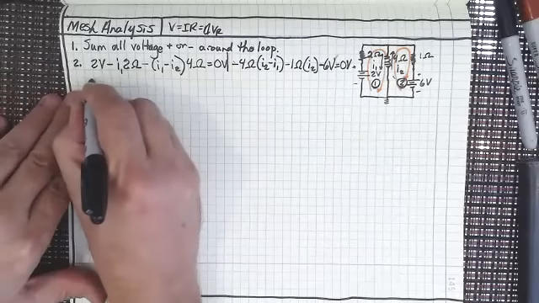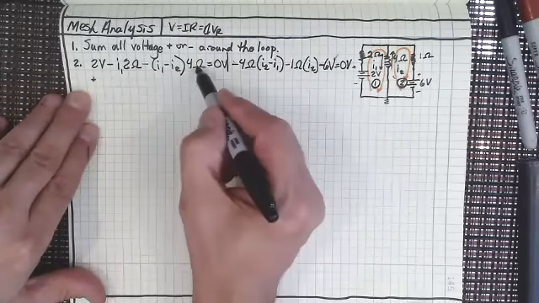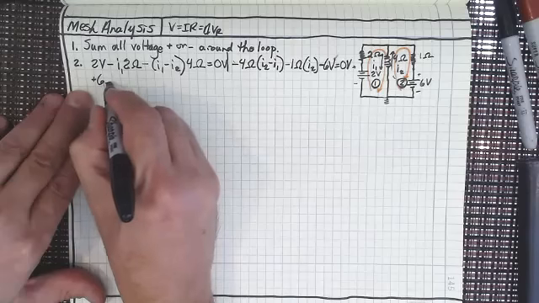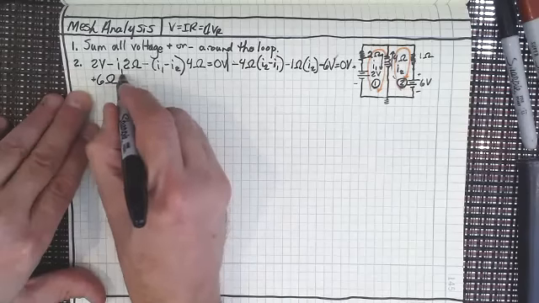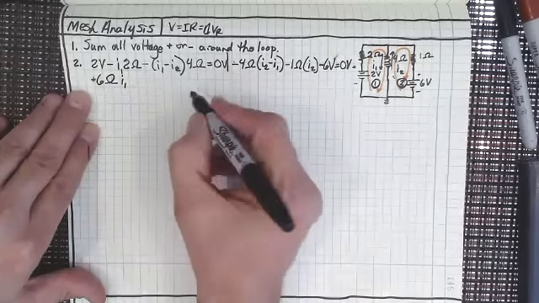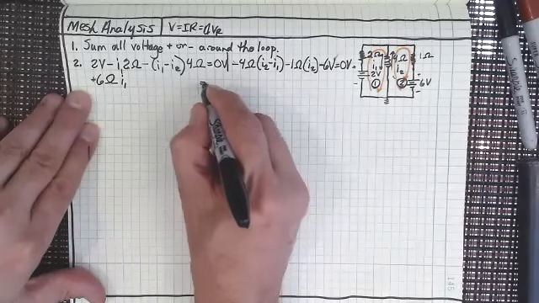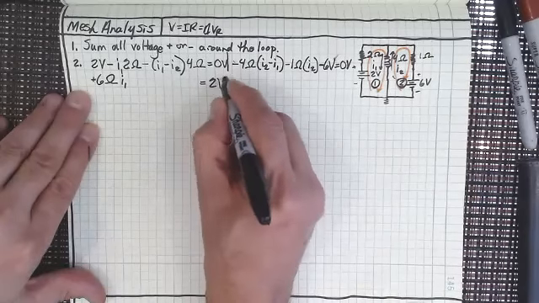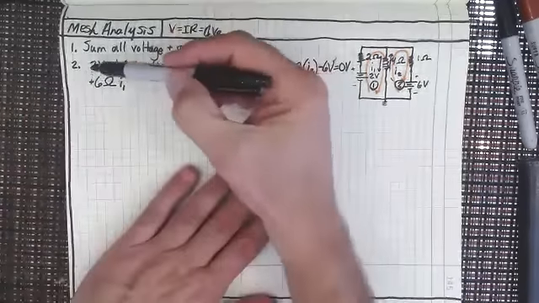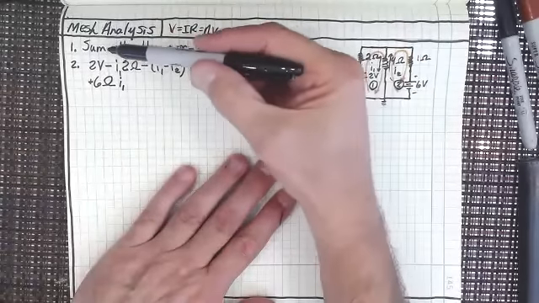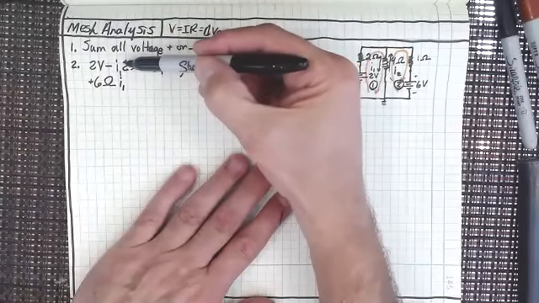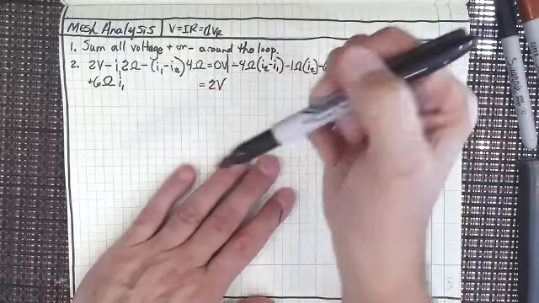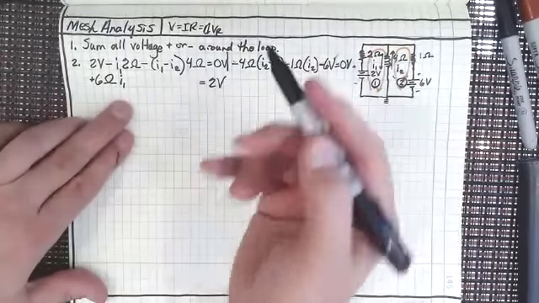So that would make it plus 4 plus 2 is 6 ohms I1, right? And I'm going to put the 2 volts over on this side of the equation. So the 2 volts is staying on the left-hand side of the equal sign, and I'm taking this and bringing it over to the other side so it becomes a positive.